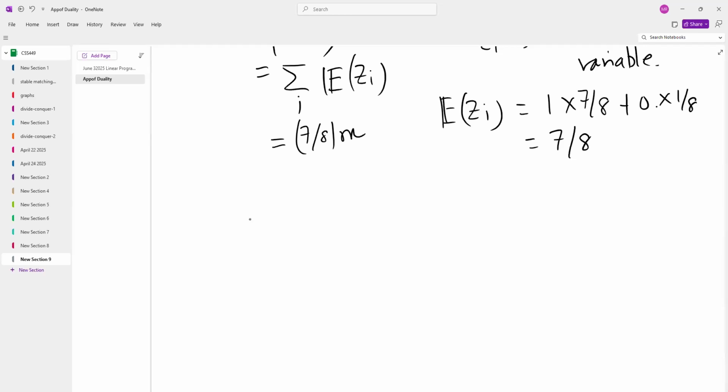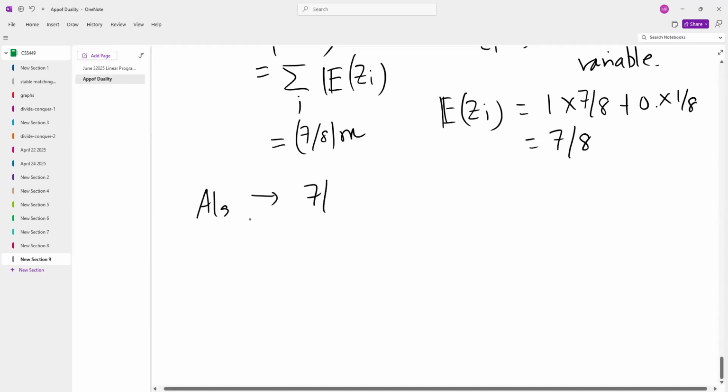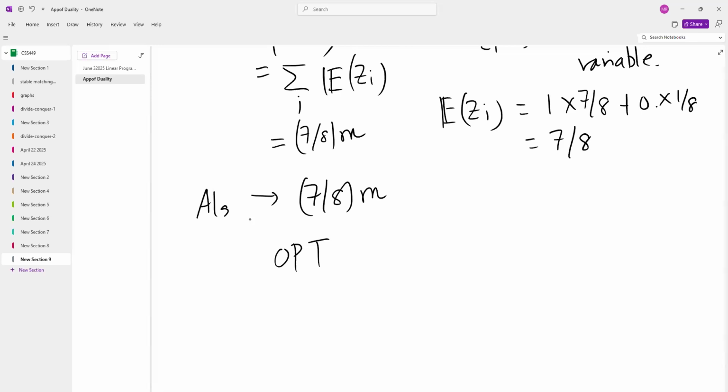And now my algorithm gets 7 by 8 of m, right? And what about the optimal algorithm? The optimal algorithm, whatever it does, it's not going to satisfy all the clauses. It's going to be something smaller than m. Right?